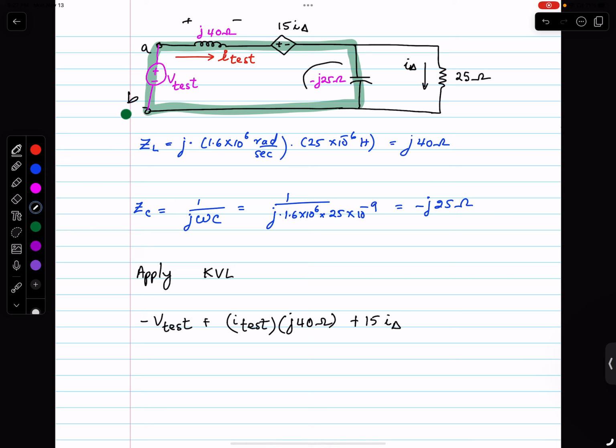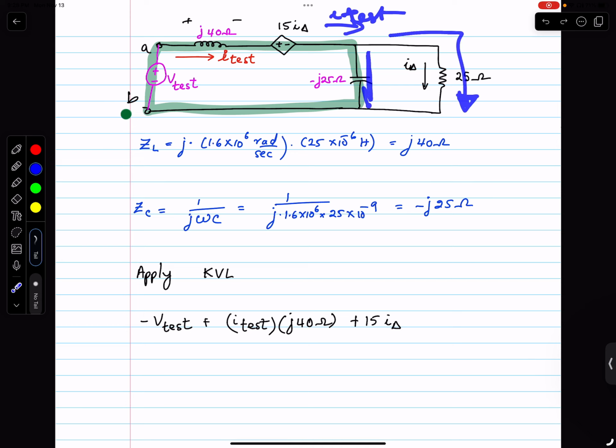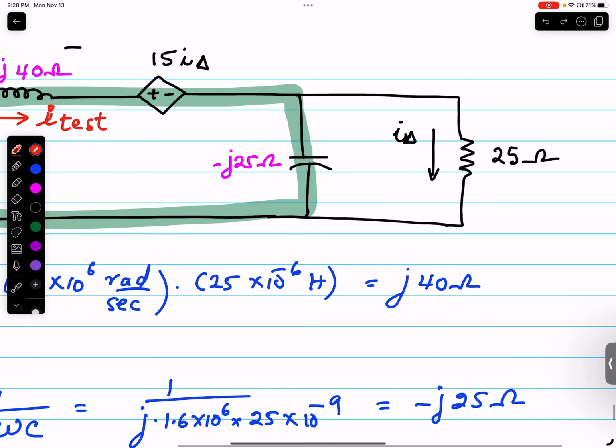Now what is the voltage dropped in this impedance? You see there is I test going in here, and part of it is going into I delta. So using KCL, you know that the current here really is I test minus I delta.